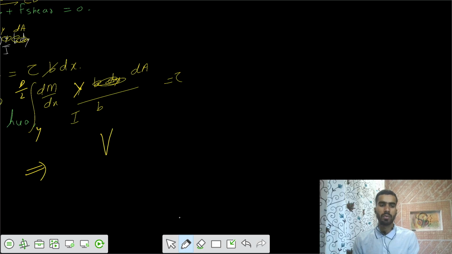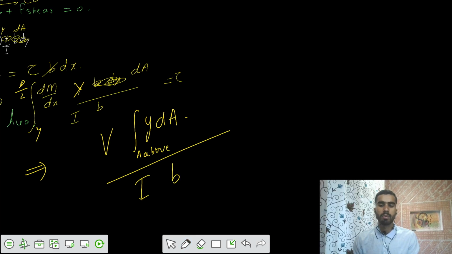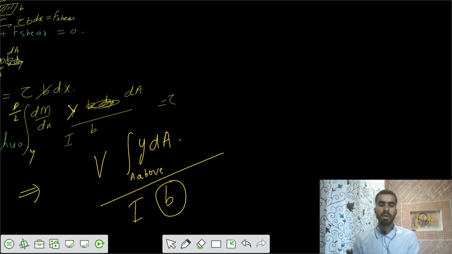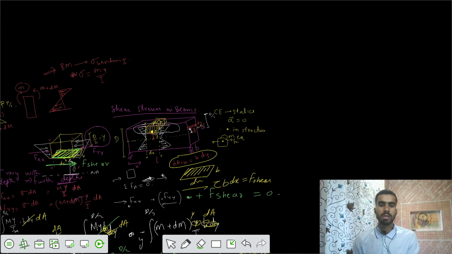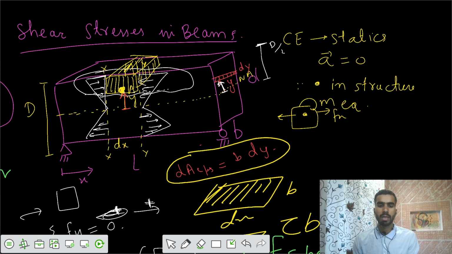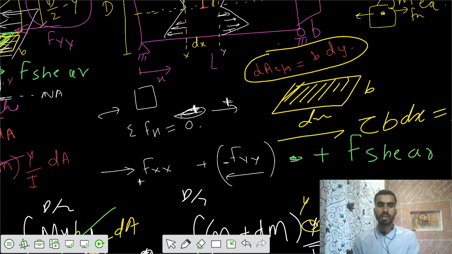So we are provided with the transverse shear force, and we have the integral of y dA for the area above that point A. Then we have I and b, where the b we took here was the dimension of that differential area, because of the effect of the shear stresses that we took.